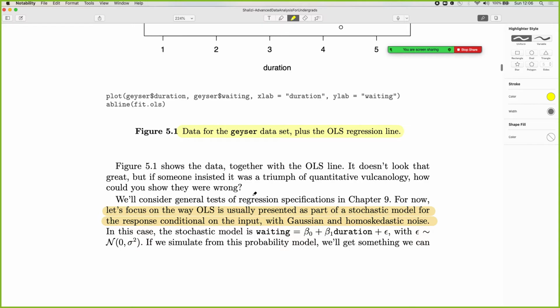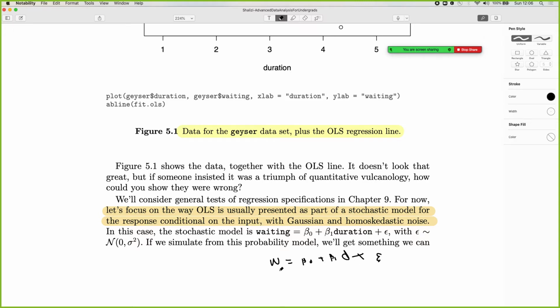Now we'll consider general tests of regression. Sorry, that's chapter 9. For now, we'll focus on the way OLS is presented as part of a stochastic model for the response conditional on the input with Gaussian homoscedastic noise. So W is equal to beta naught plus beta 1 D plus epsilon.